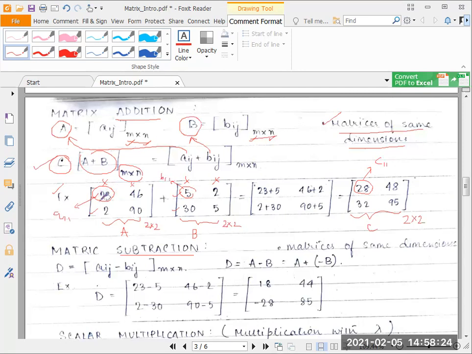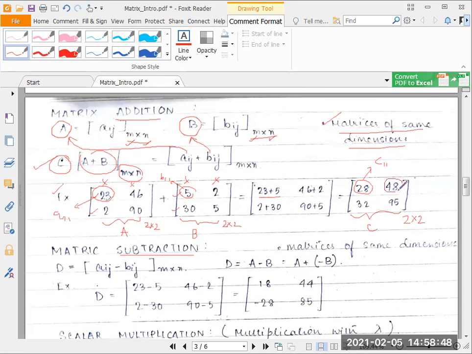So we need to add A11 and B11 to get C11. We'll need to add 23 and 5. This is 23 plus 5, which gives me 28. So the C11 element is the addition of the A11 element from the original A matrix and the B11 element from the original B matrix.